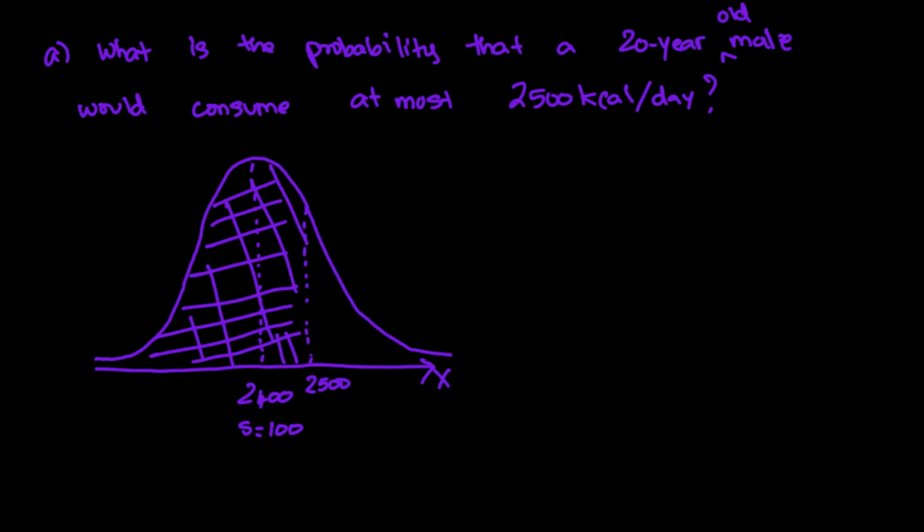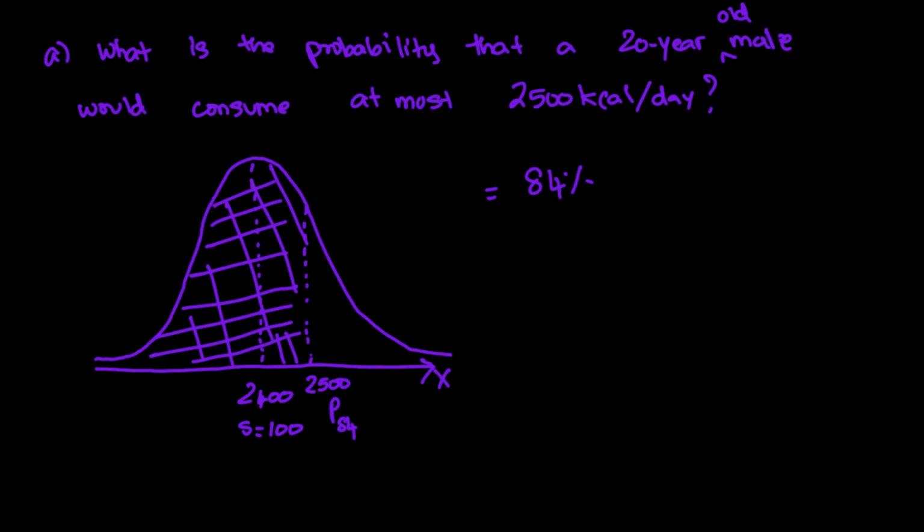And if you want to know how likely it is that a person would consume at most 2500, in other words, starting at 0 all the way up to 2500 calories, based on this particular description and this distribution, that probability would be 84%, because 84% would be below that line and 16% would be above.